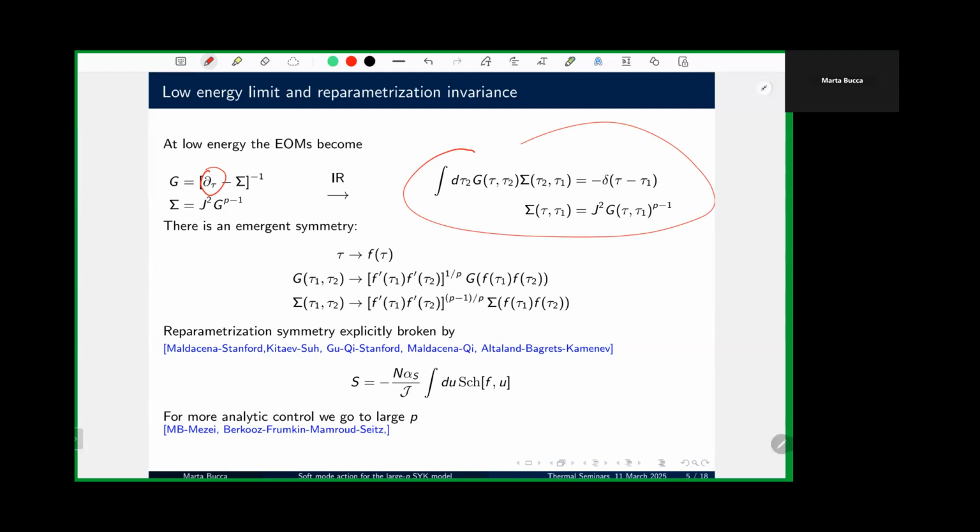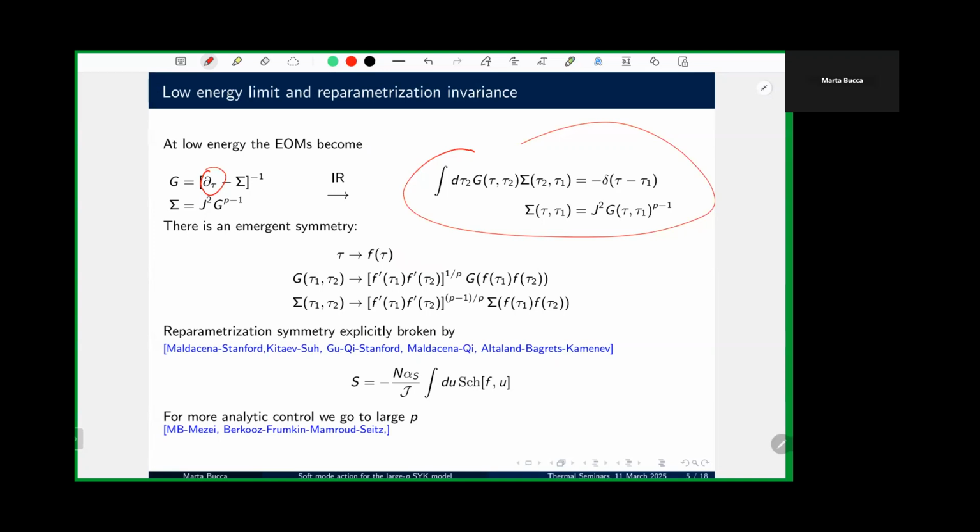And what you get now is this second set of equations. The second one is the same as before, but the first one becomes the integral over d tau 2 of G of tau, tau 2, sigma of tau 2, tau 1 equals minus delta of tau minus tau 1.